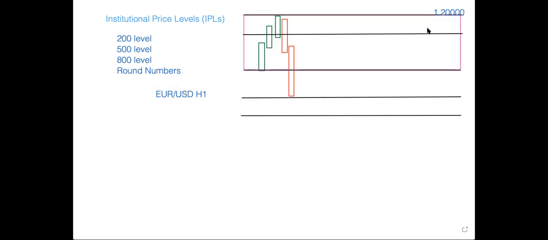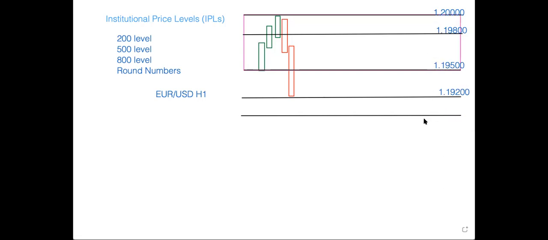Then the next one is the 119,800 level, and we have 119,500, and we have 119,200, and here we have the last one, which is 119.